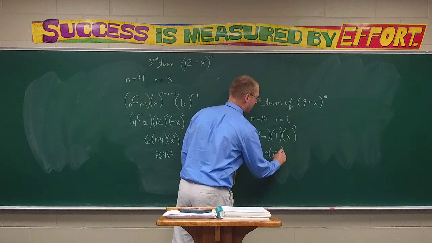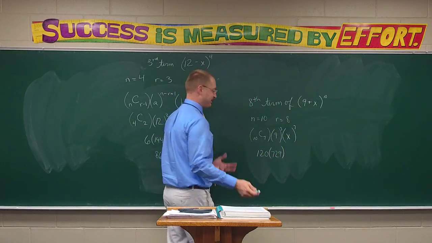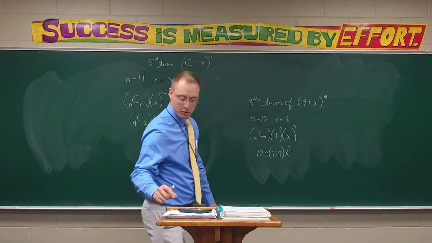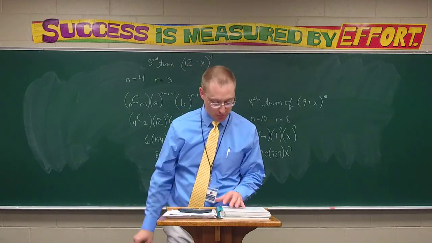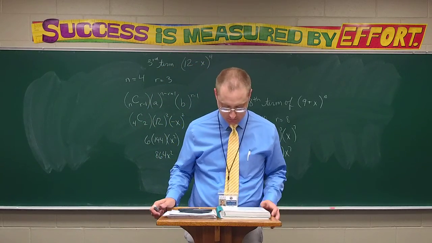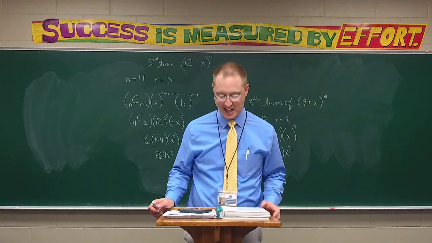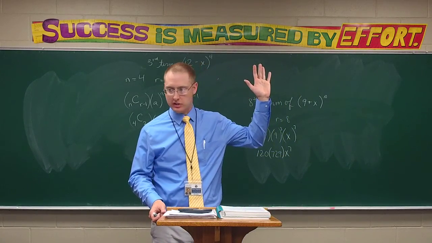We should have that one memorized, and then x to the 7th, of course, is just x to the 7th. So we multiply the 729 by the 120. What do we get for our answer, Brandon? 87,480 x to the 7th. How many had 87,480 x to the 7th?